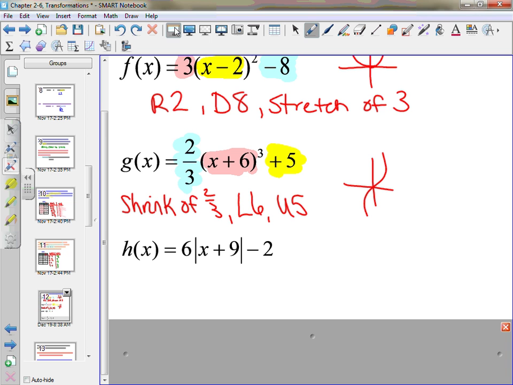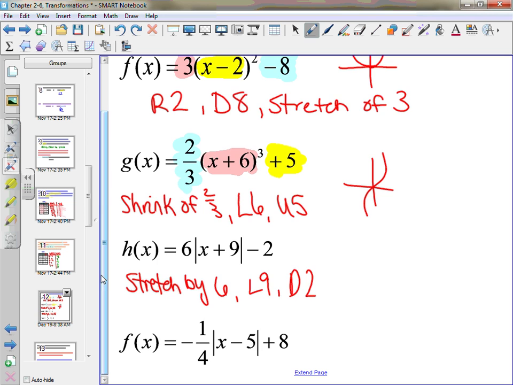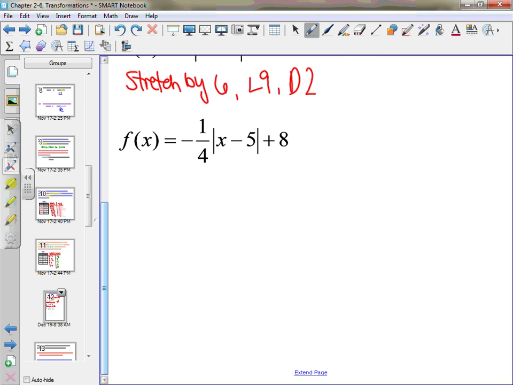Stretch by 6. To the left 9. And down 2. Do we see that? Makes sense.